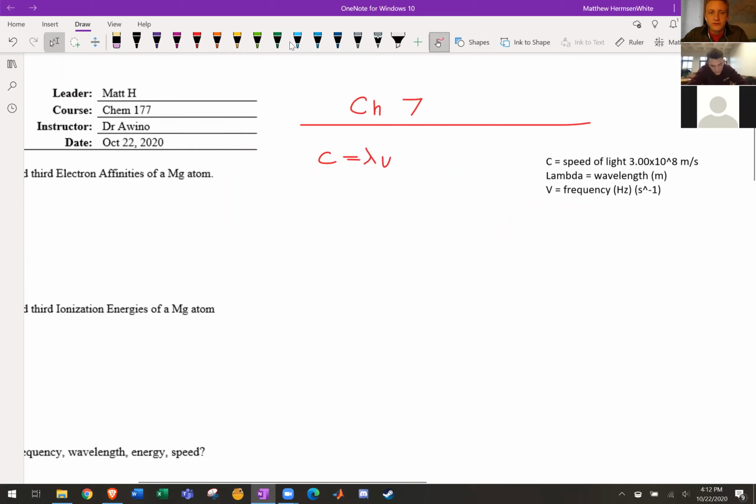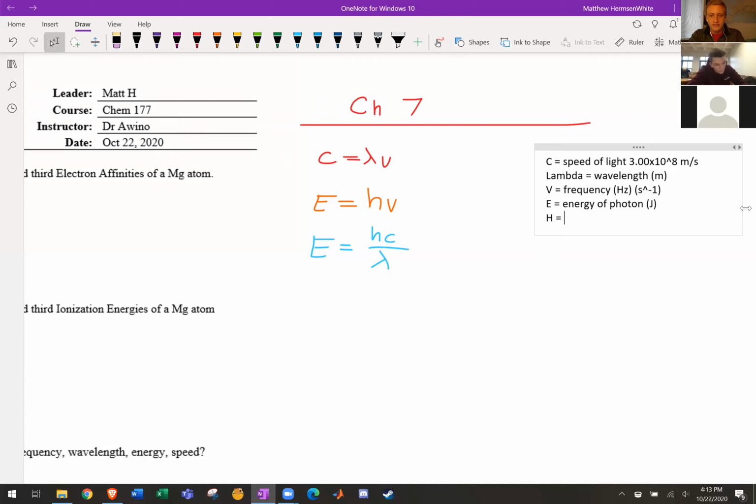Another equation you can use with light is the energy of a photon is equal to Planck's constant times the frequency. And then another one would be the energy is equal to Planck's constant times speed of light divided by wavelength. So let's just type out what these are here. So E, this is energy of a photon measured in joules.